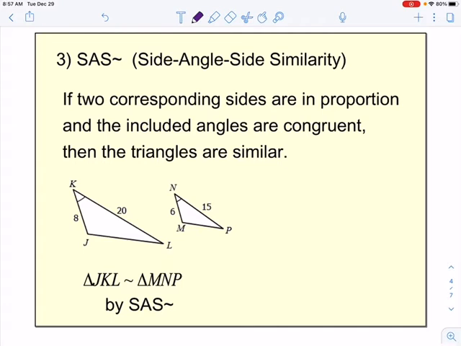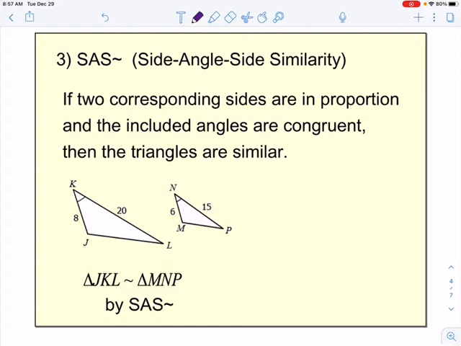And remember when we talked about the included angle, I kept tracing the sides that were congruent and saying that the 2 sides form that angle, that's the included angle. Here it's going to be the same thing, except we're not going to have the congruent side. We're going to be tracing the sides that are in proportion. So these 2 triangles, triangle JKL and triangle MNP, are going to be similar by side, angle, side similarity.